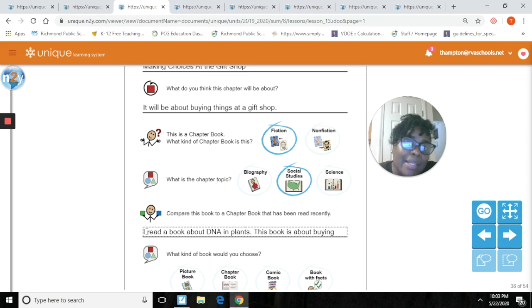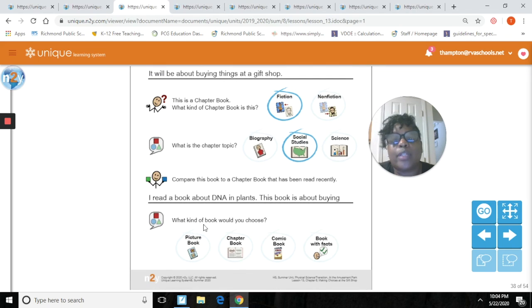One book is about buying things, but the other book was about DNA and plants. Two different topics. Now, so that's what you're doing when you're comparing, okay? All right. So now let's move on. It says, what kind of book would you choose? A picture book, a chapter book, a comic book, or a book with facts?